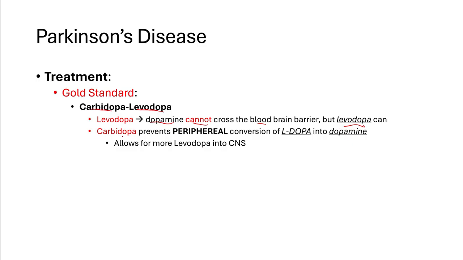It does this with the help of carbidopa, as carbidopa prevents peripheral conversion of levodopa into dopamine. Thus, it increases the amount of levodopa that can cross the blood-brain barrier and increases the amount of dopamine in the central nervous system. This is your gold standard. This is almost always a first-line medication in individuals, especially older individuals above the age of 70 with Parkinson's disease.